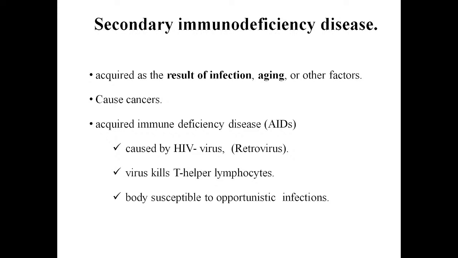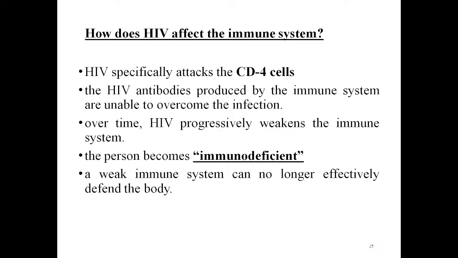B cells are not activated, so antibodies are not produced. So such a patient with HIV has a lot of different infections, and this patient may die because of any infection. Any infection may be lethal for this patient.